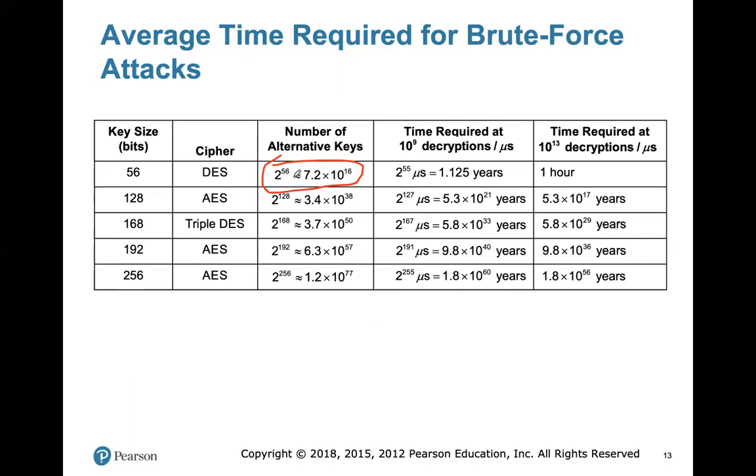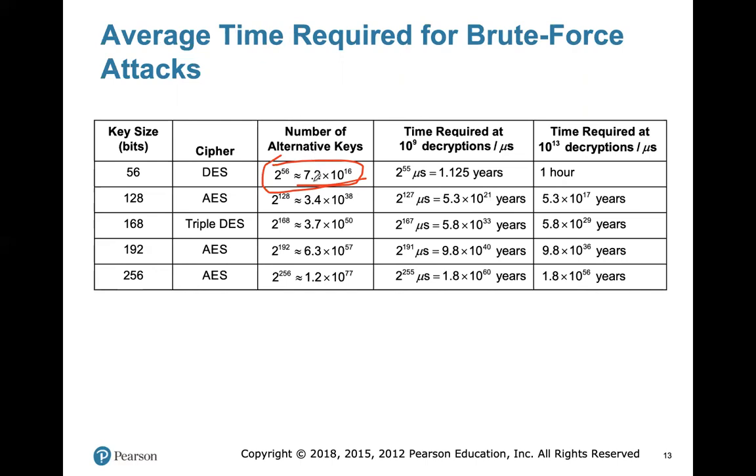So if you want to break a DES encryption algorithm using brute force, you need to apply on average half of this number, which is 3.6 times 10 to the power of 16. That I call 36 peta operations. 36 times 10 to the power of 15. 10 to the power of 15 is called peta.